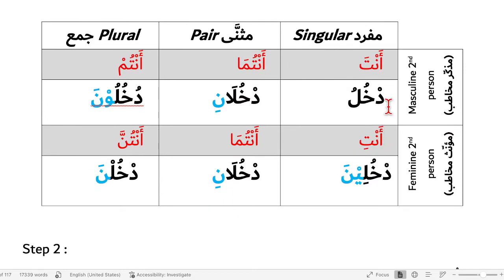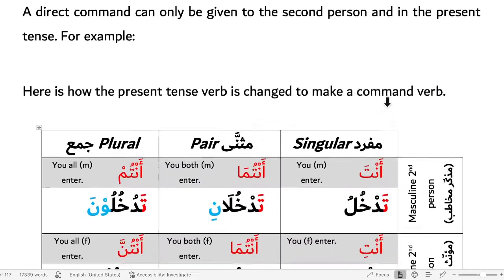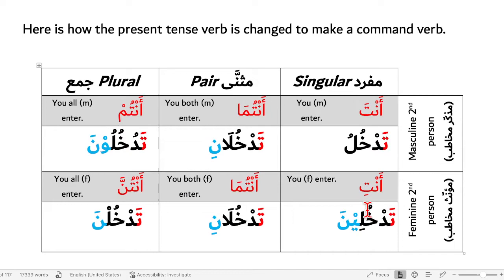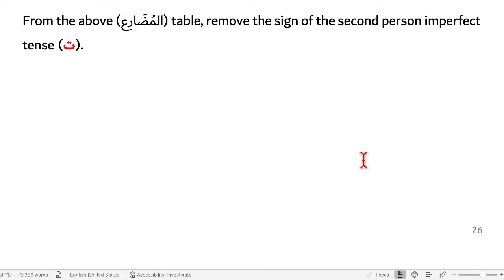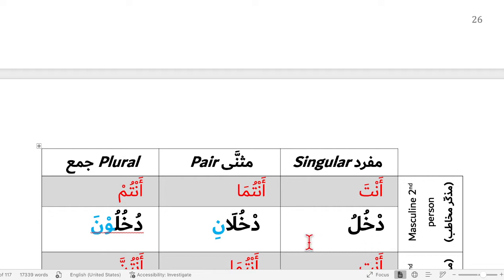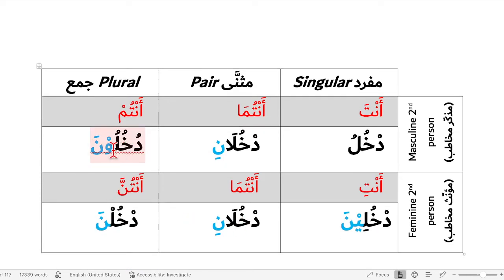If you just compare these two: tadkhulu, remove ta, it becomes this. Tadkhulani becomes this, tadkhuluna becomes this, tadkhulina becomes this, tadkhulani becomes this, tadkhulna becomes this.